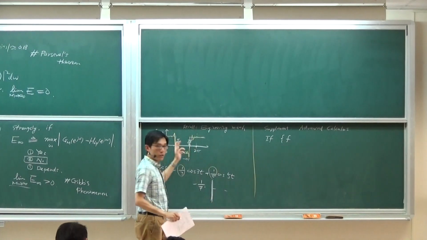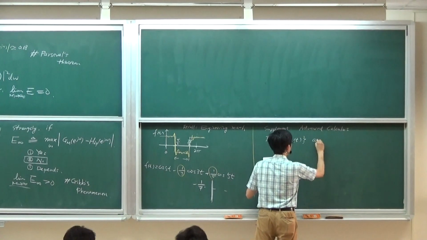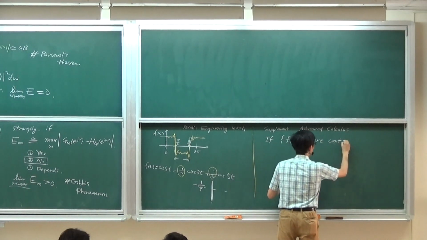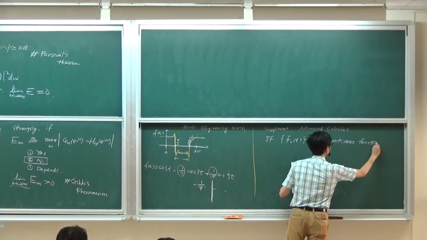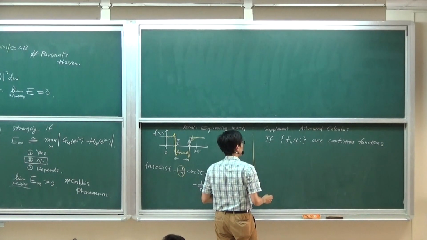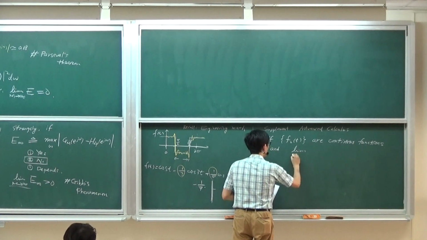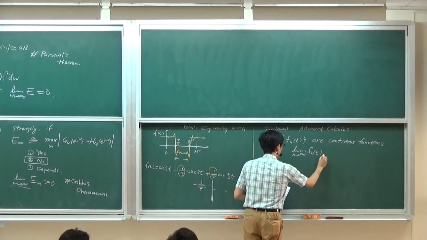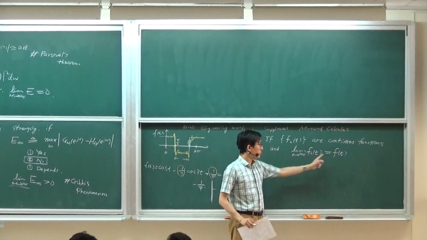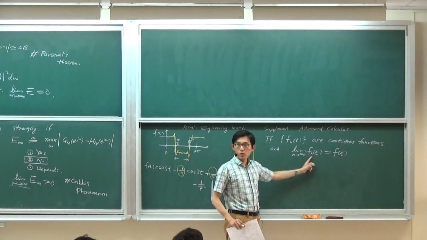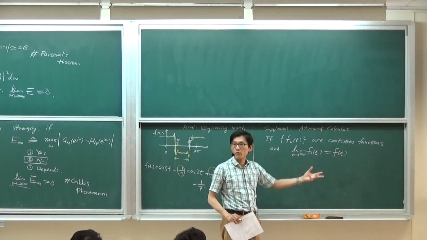let me just say for the case of continuous time functions, if Fn of t are continuous functions, a sequence of continuous functions, and we take the limit as n approaches infinity of Fn, and this convergence is uniform, we have a uniform convergence.